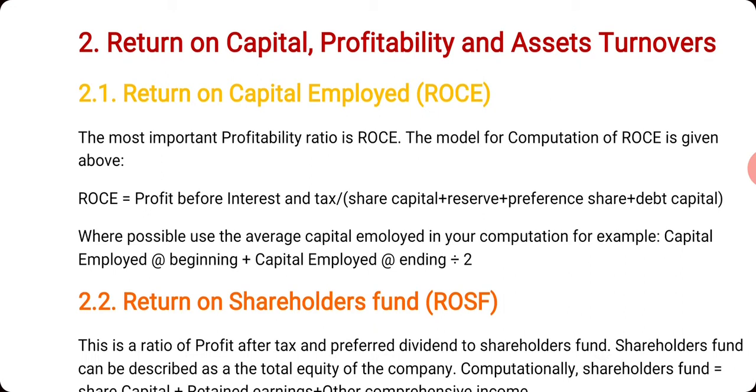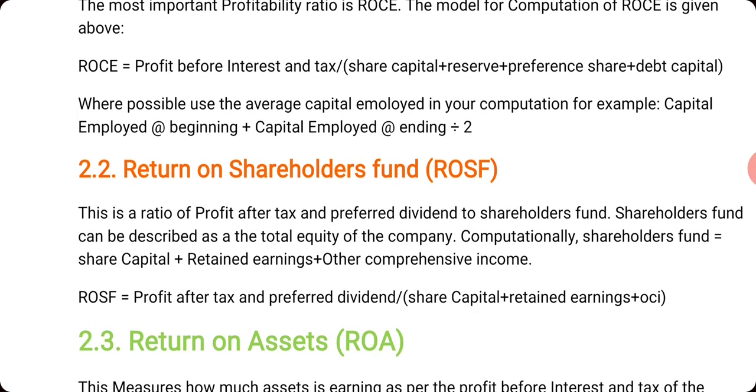And capital employed can be computed using two methods, but I identify only one method here, which is share capital plus reserve plus preference share plus debt capital. This gives us capital employed. So it is the most important profitability computation. Where you are required to make computation for profitability of the entity, you must analyze and calculate ROCE, which is return on capital employed.